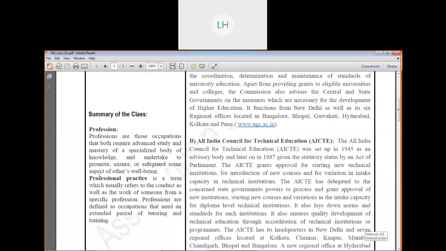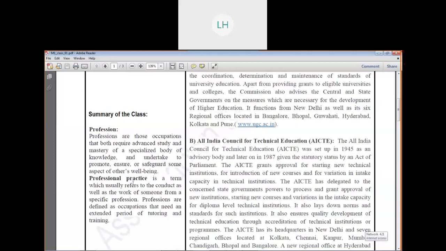So these are the standard definitions of profession. That means you should have the knowledge of a particular work, and you should use your knowledge for the well-being of others. Then only will you be termed a professional.